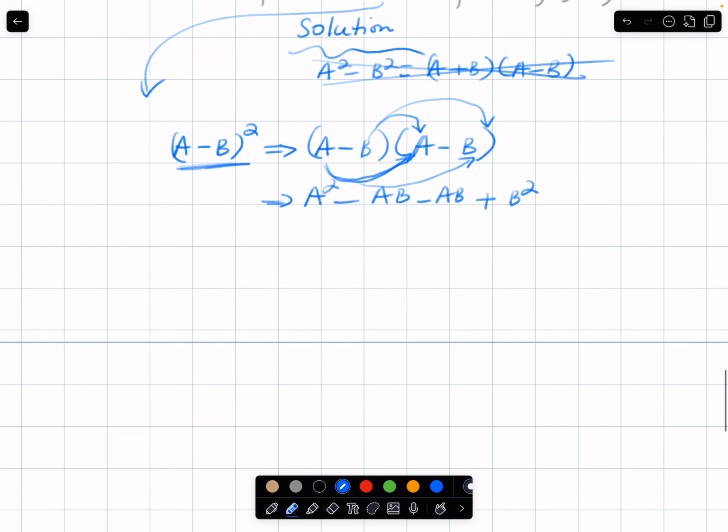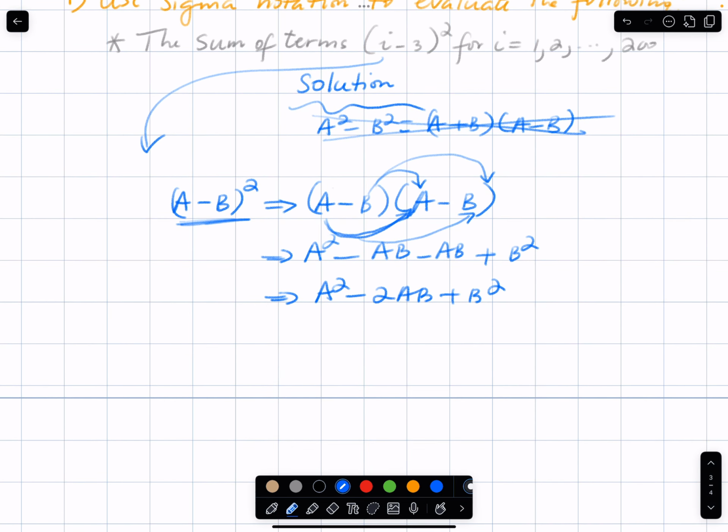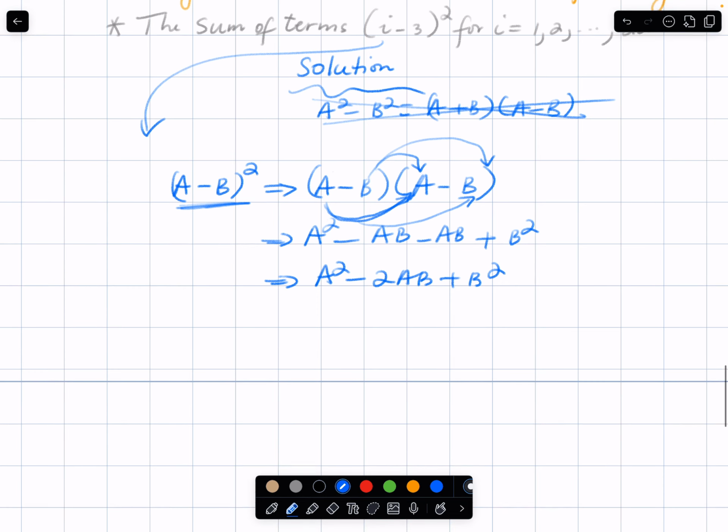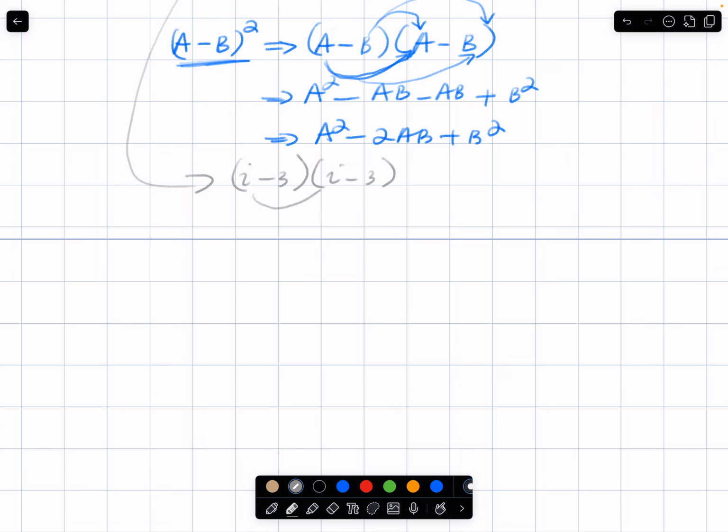So this will be a squared minus 2ab plus b squared. Now, since we are working in terms of i and 3, we have to use what we were given. So it'll be i minus 3 times i minus 3. And then we FOIL. Hopefully you were paying attention.